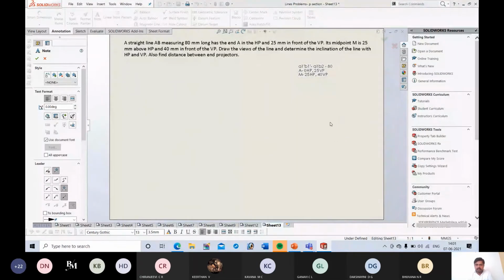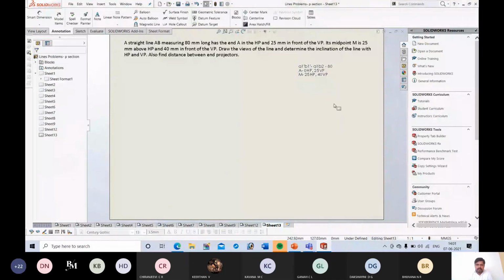So this is given. Totally we have 5 data. So true length 80, then location of point A with HP and VP, then location of midpoint with HP and VP. Okay. So first I will start from XY line. I will name it as XY.